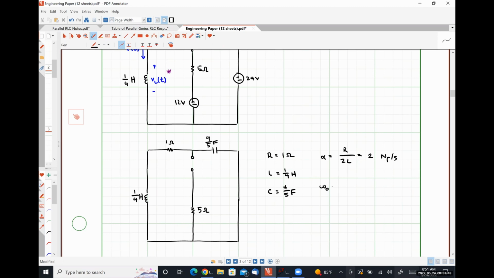Omega naught is the square root of 1 over LC, which comes out to be 2.236 radians per second. And since alpha is less than omega naught, our circuit must be underdamped.